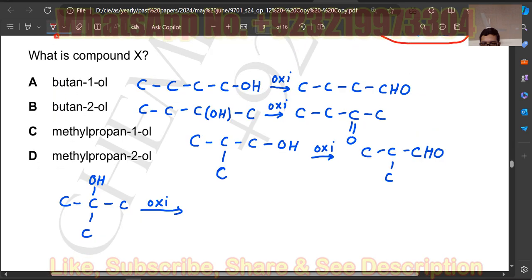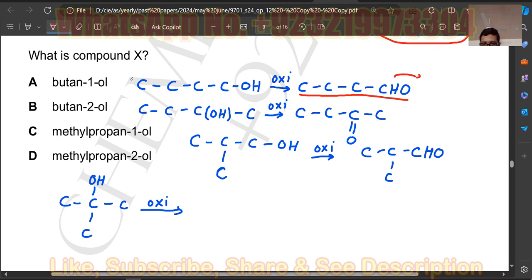Here is the working. Now the first part, option A, says it is butanol, which means it has 4 carbon atoms, and the alcohol is a primary alcohol. When it is oxidized, it will give you the aldehyde, and it can still convert into carboxylic acid, that would be butanoic acid. So none of the butanol or butanoic acid will give the positive test with the iodine.